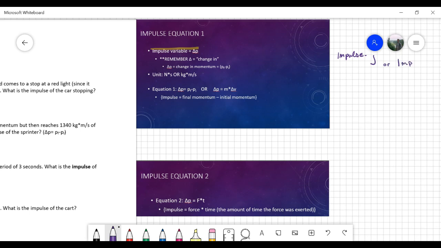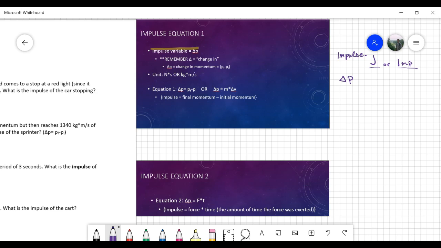But here, I think the best symbol to use is just delta P. The reason is because J is something we use for energy, so it's already used for another concept. And imp is just long, and it sounds not like science. It sounds like a weird mythical being.